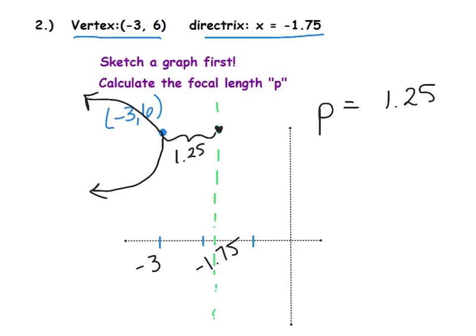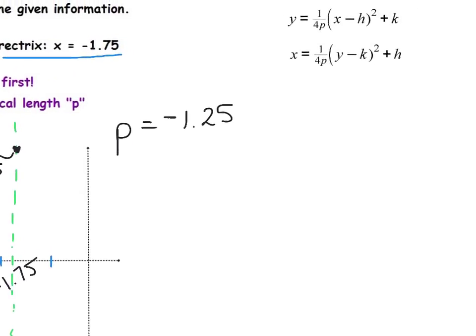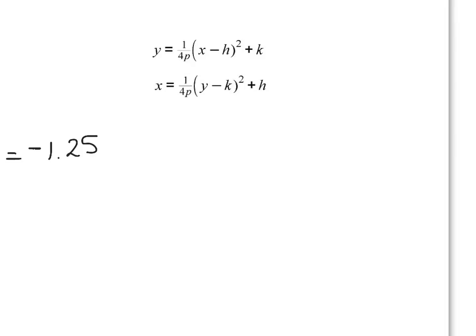Now because this opens to the left, that means we need a negative p-value. So I'm going to add that negative inside. So let's move over with this information now and write our equation. With the parabola opening to the left, I'm going to use the second equation here.